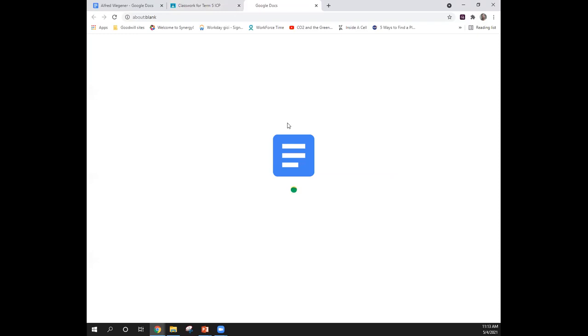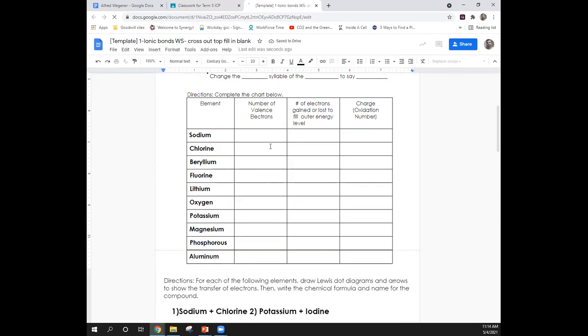Maybe I can edit this. I don't think I want to, but maybe I can. Let's try it. I think it goes haywire, but I can't remember. Hey, look at that. All right, so sodium had 1 valence electron. So what's it going to do? Is it going to gain 7 or lose 1? Lose 1. It's going to lose 1. So I write lose 1.